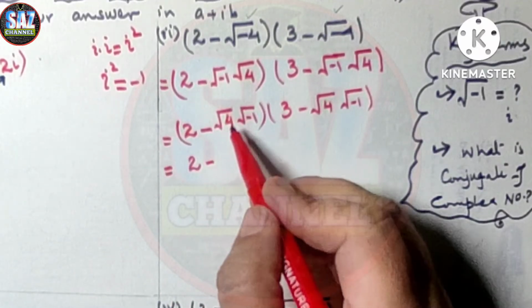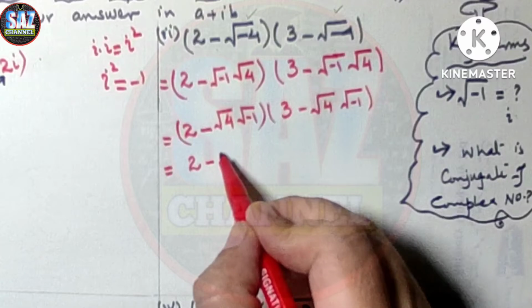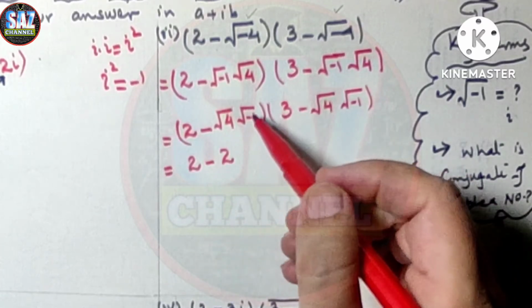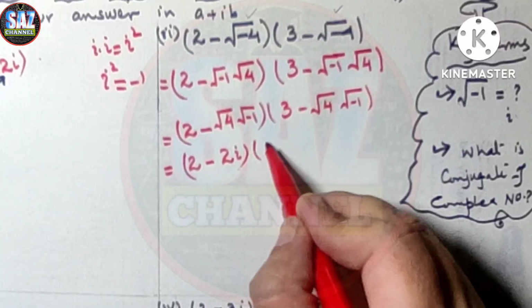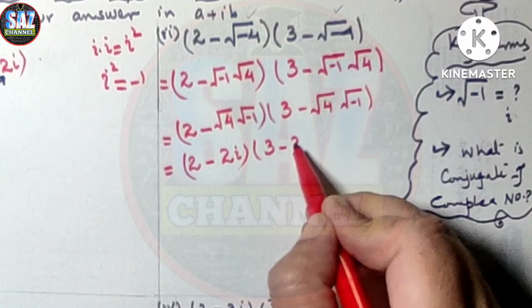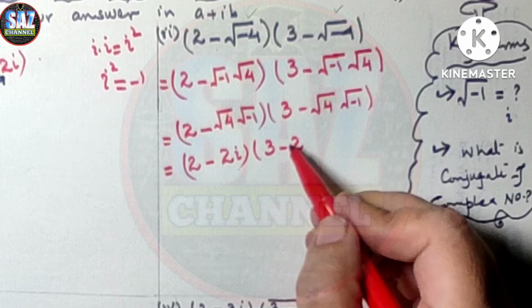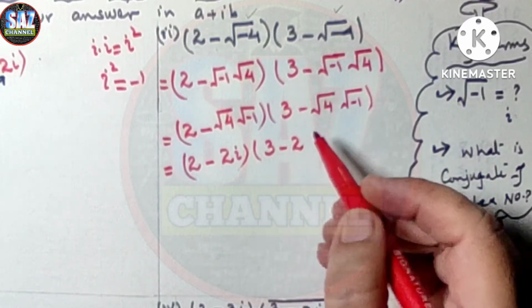This will become 2, and under root minus 1 is iota. So we get 2 minus 2 iota, multiplied by 3 minus 2 iota.